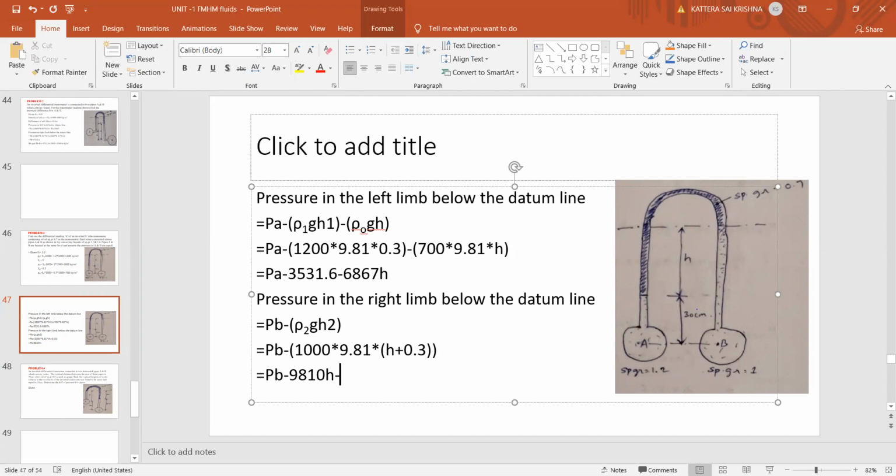Please calculate that. 9810 into 0.3 is 2943. So these two terms get split: H into this term, 0.3 into this term. Just check if you have any doubt.